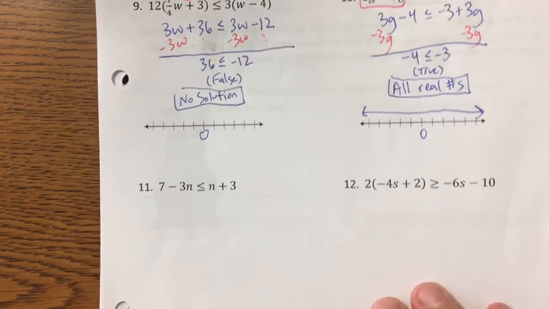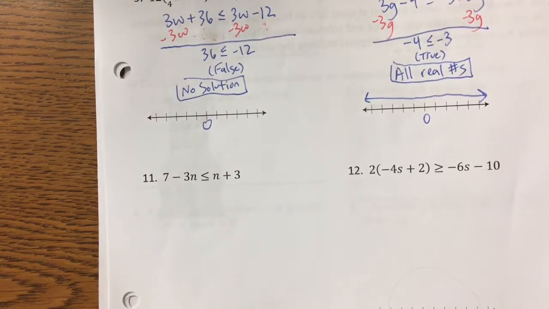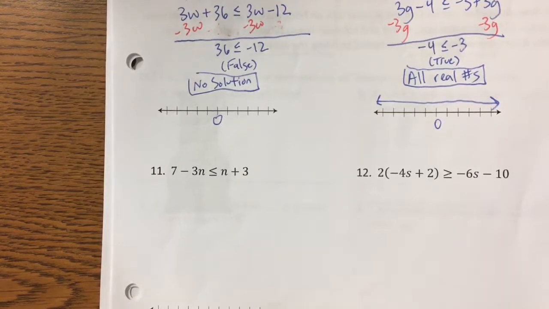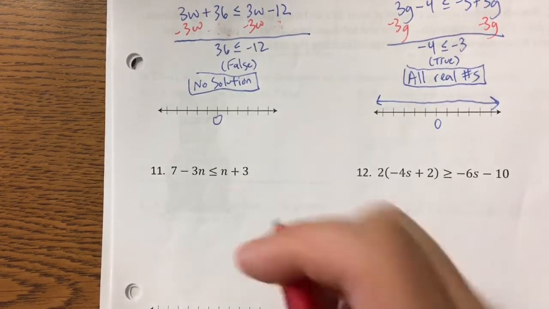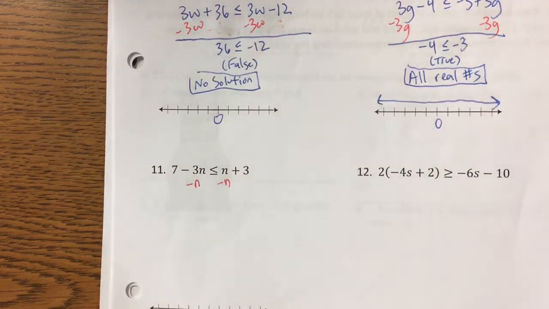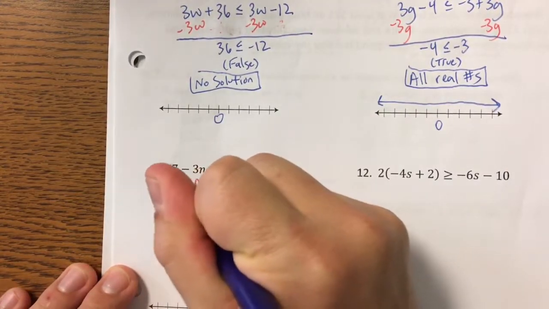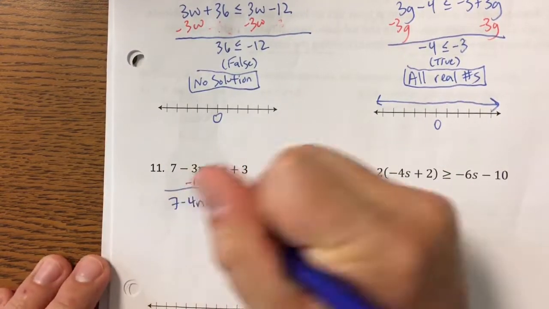Okay, let's look at number 11. We're going to subtract n on both sides. Oh, we're not going to get a special solution here. How great, I was getting tired of those. So we got 7 minus 4n is less than or equal to 3.